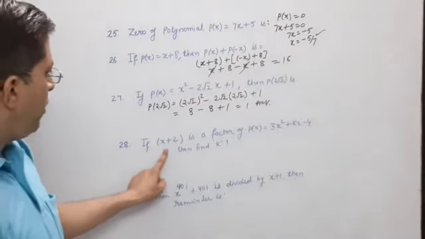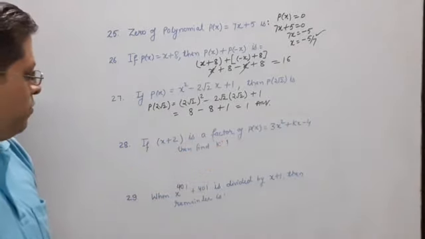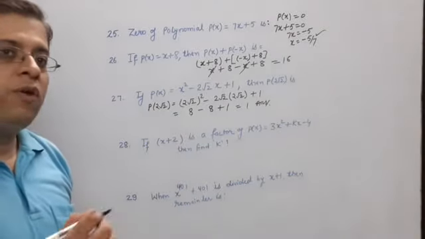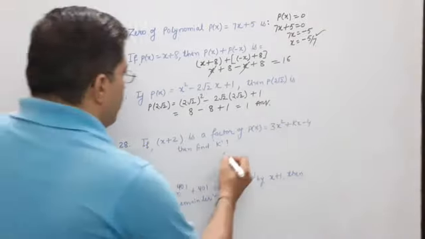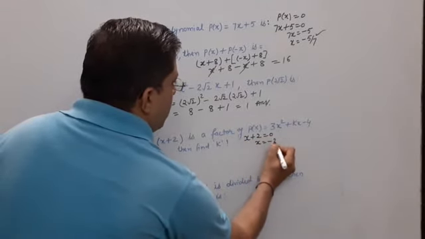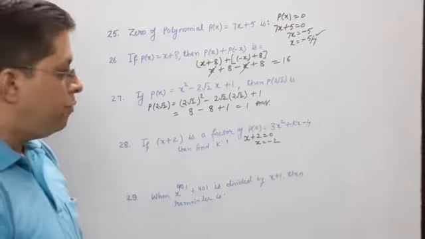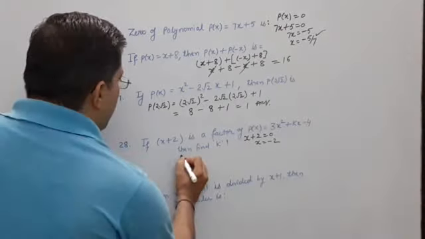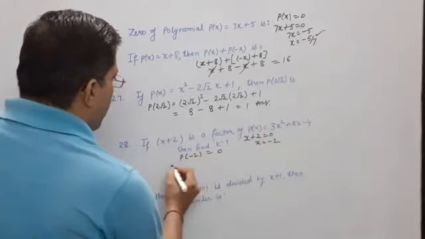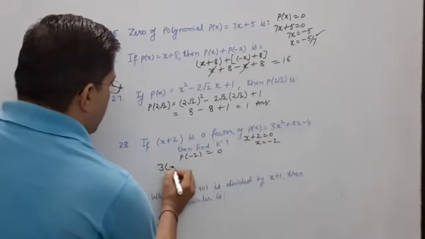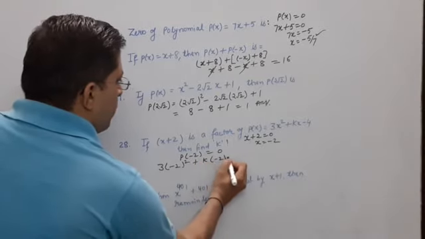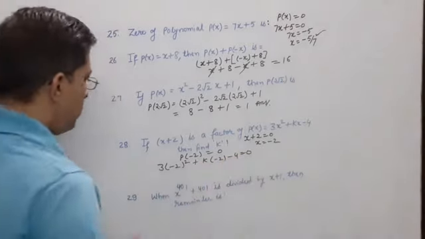Next one. If x plus 2 is a factor of this, find the value of k. If x plus 2 is a factor, then what will be the zero of this? Zero of p(x) will be minus 2. And the value of p(minus 2) will be 0, because it is given to you as a factor. Put the value: 3 minus 2 square, k minus 2 and minus 4.